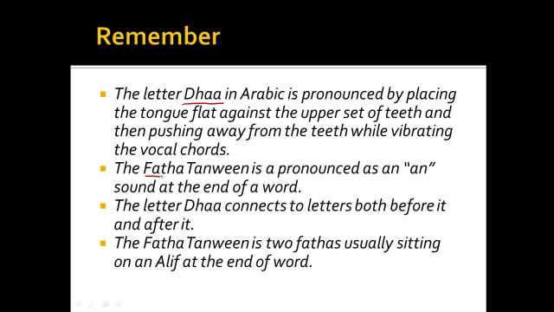The fatha tanween is pronounced as an sound, because it looks like this, but it sounds like an at the end of a word. And remember, the fatha tanween comes at the end of a word. A tanween always comes at the end of a word. The letter dha connects to letters both before it and after it. So in the third or medial position, we have the dha, which looks like this.